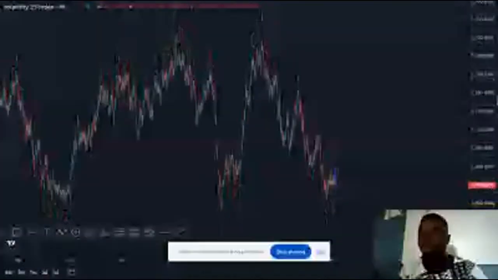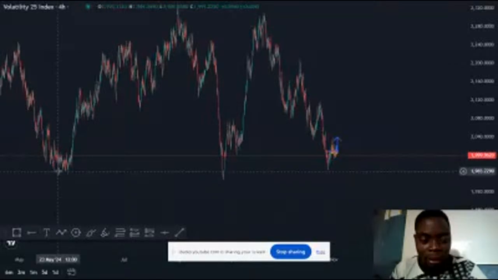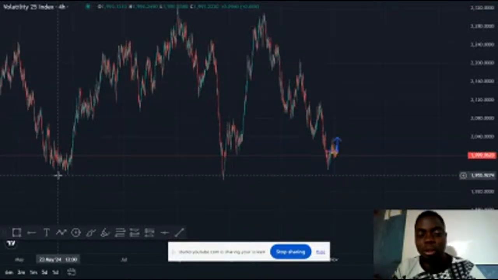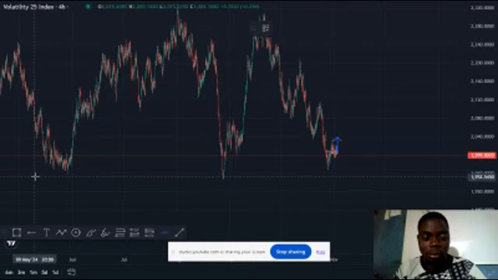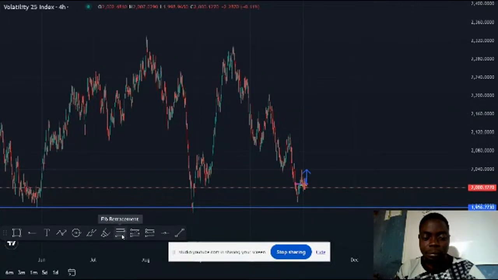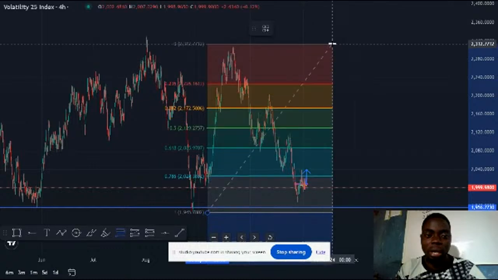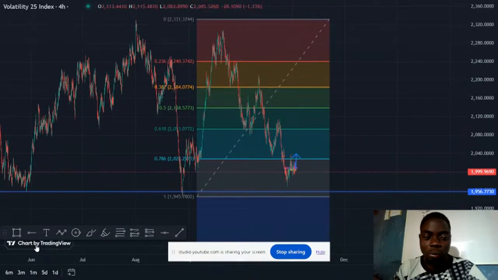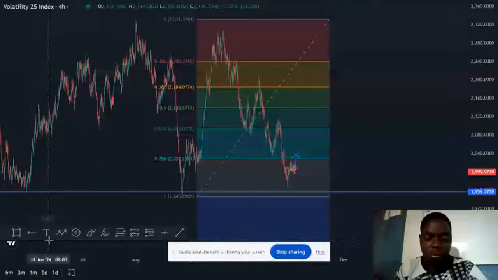So if you want to use your fib, since the break of structure here, that is a break of structure. To measure, take your fib, put it where you have that low to where price broke, push it here. So you want to be looking for sales around.